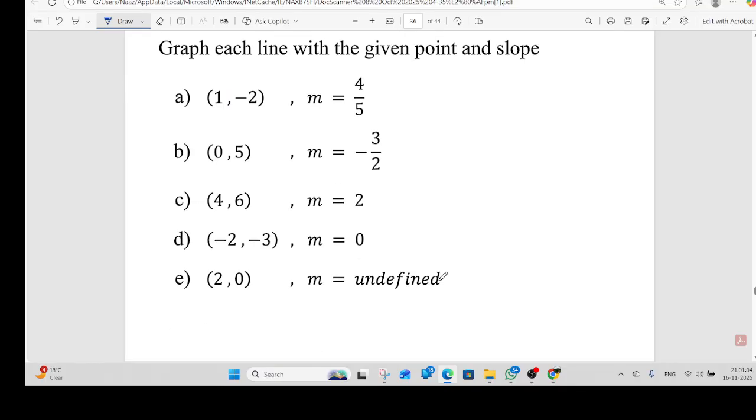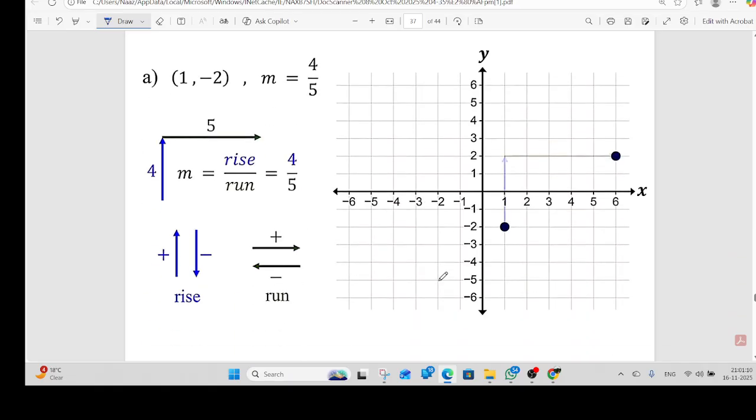Now we can graph if we are given 1 point and slope. How do we graph them? Because if you see this, 1 and negative 2 is this point, right? So first the given point, we plot it, we graph it. Then slope is 4 over 5.